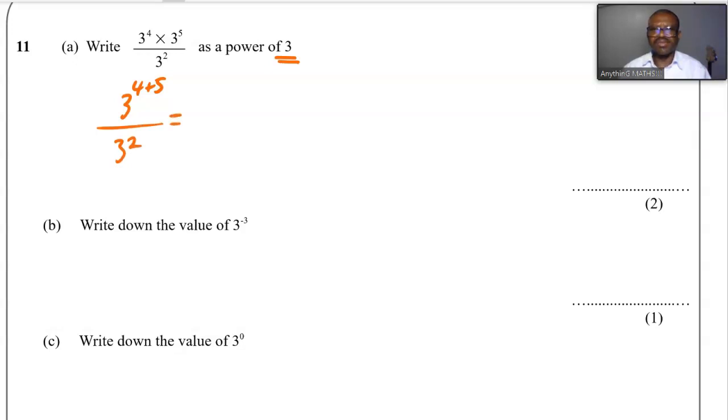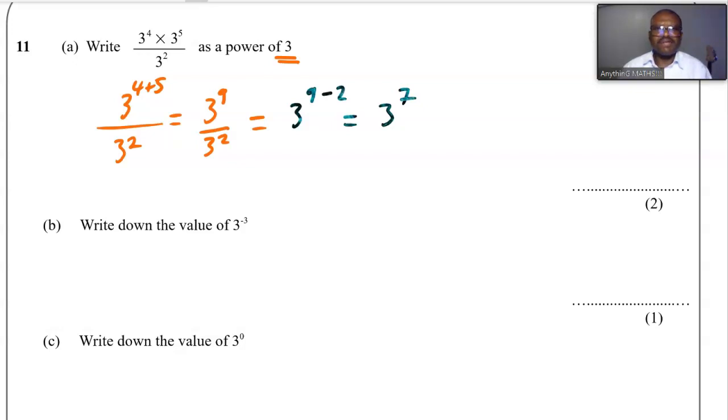Now, it's going to be 3 raised to the power 9 divided by 3 raised to the power 2. Then applying the law, we're going to get 3 raised to the power 9 minus 2. That will give you 3 raised to the power 7.